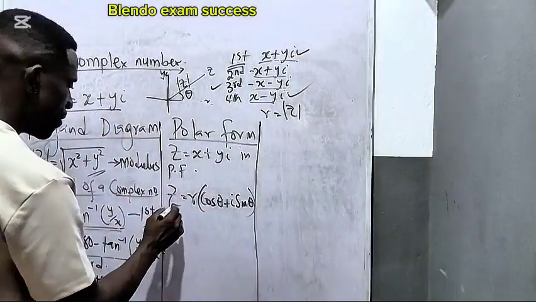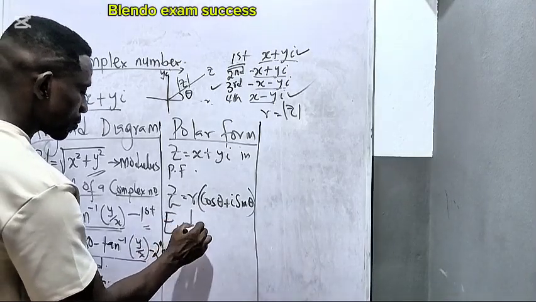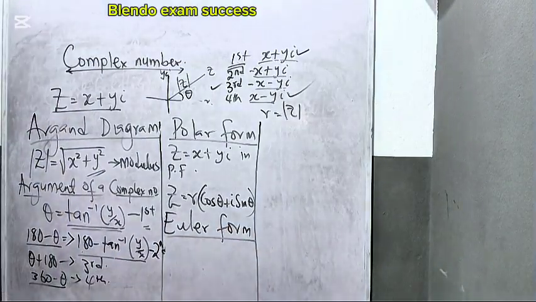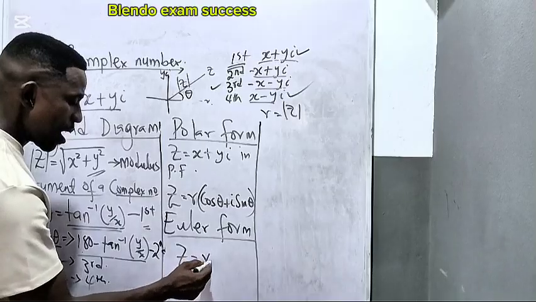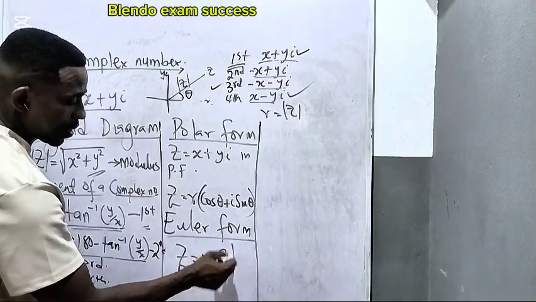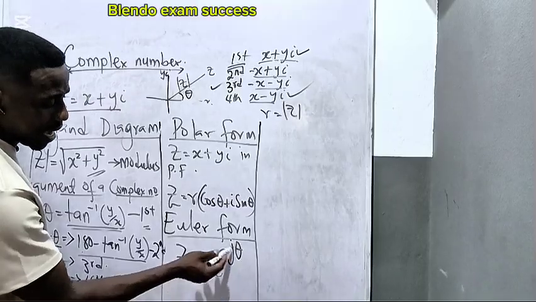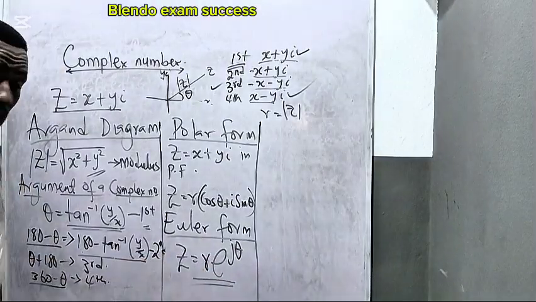And now we have another expression, we call it Euler form. Another expression for Euler form is z is equal to r e raised to the power j theta, you can call it i or j theta, okay? But this is the expression for Euler form.